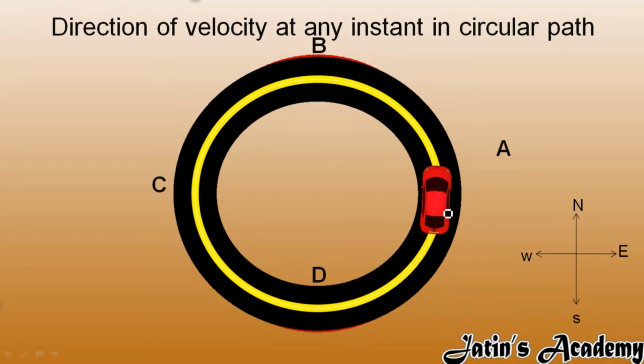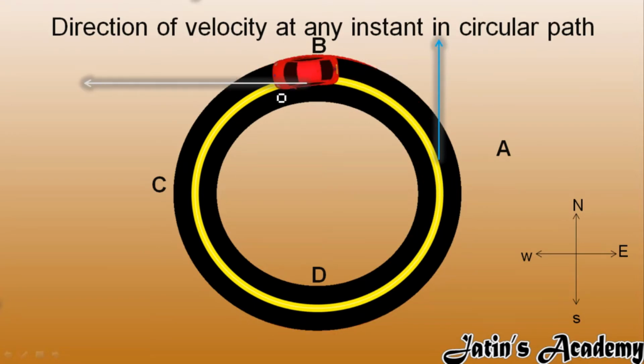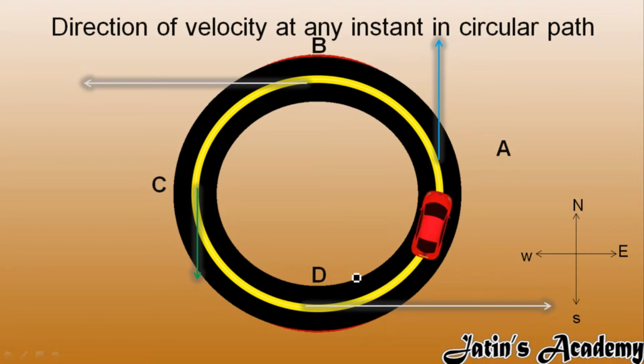At point A, the direction of velocity is north. At instant B, the direction of velocity is west. At instant C, the direction is south, and at instant D, the direction is east.